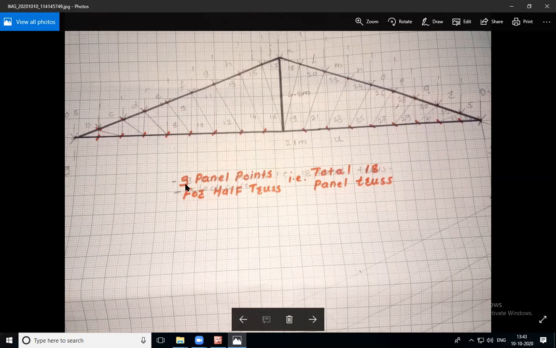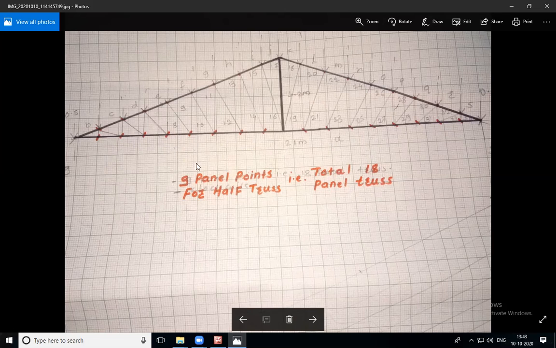After division, the 18 parts will be indicated like this. This red color marking shows that this 21 meter span is divided into 18 panels. Now these red color marks are at the span.